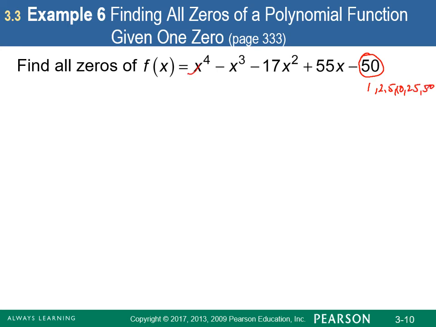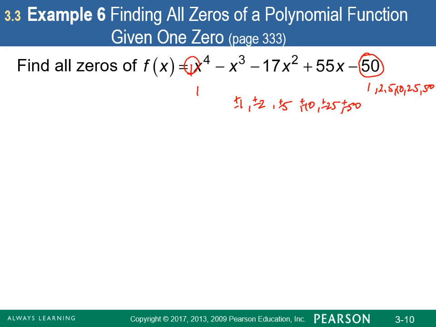We could list all the things that divide evenly into 1. That's pretty easy since that's just a 1. All the combinations of these numbers over these numbers would be 1, 2, 5, 10, 25, and 50. And we could have the positive or the negative of each one of those.